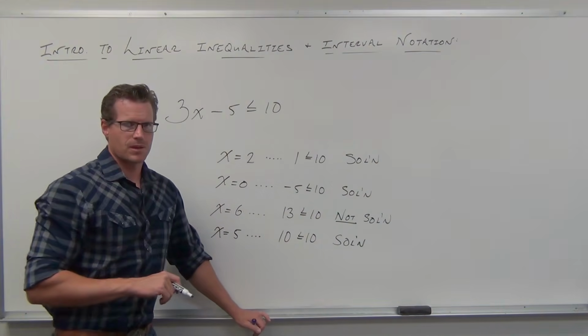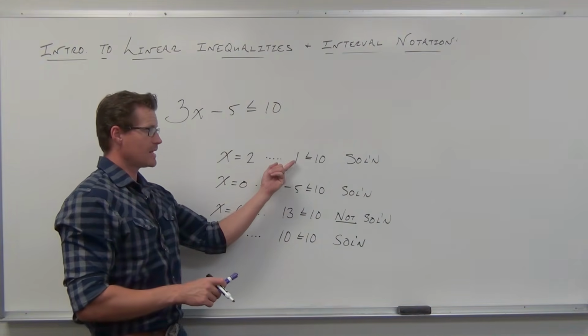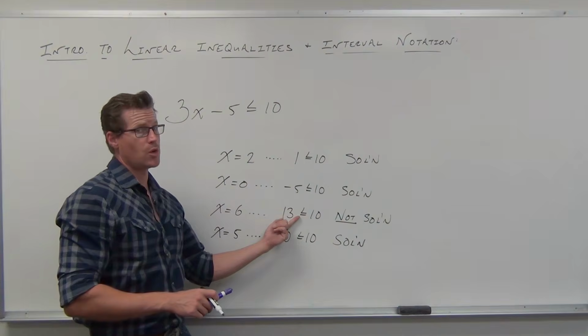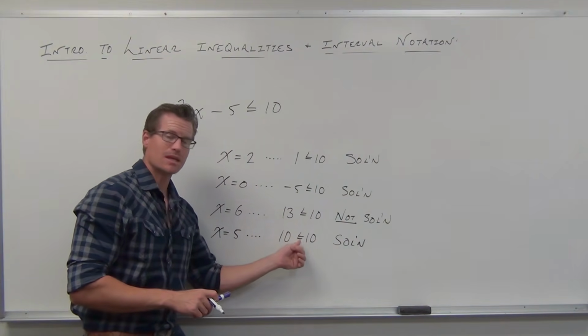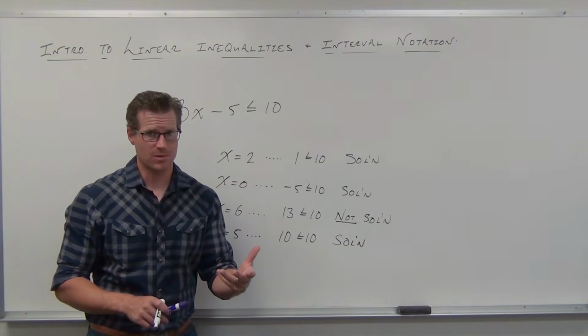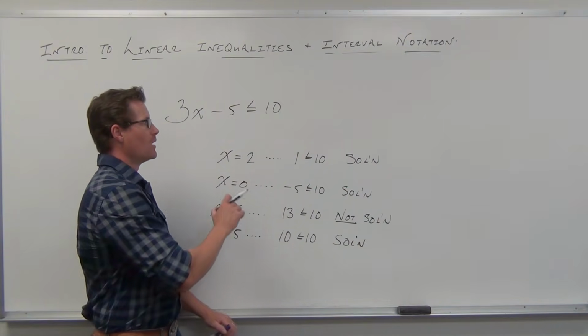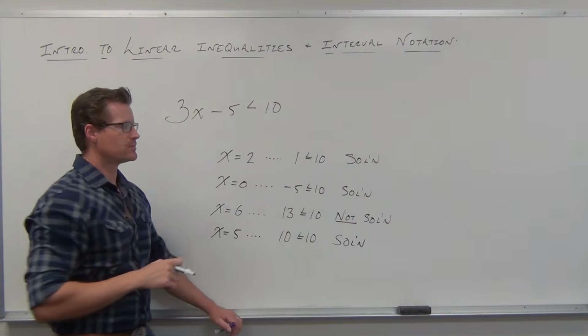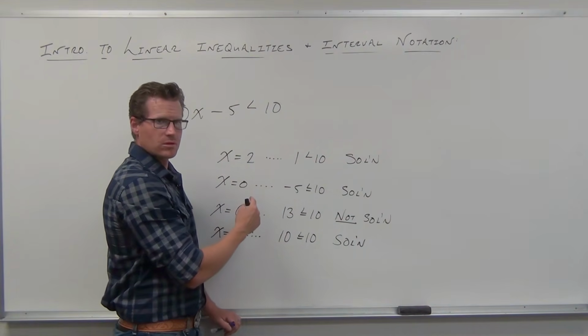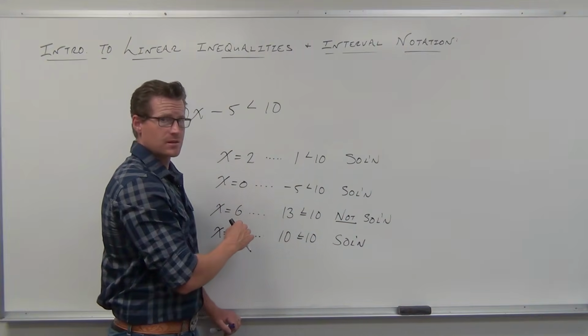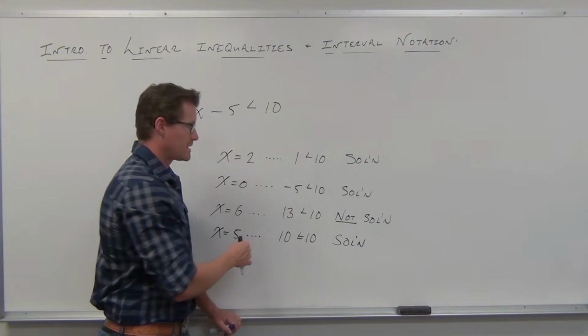Now think about this. What if I go back? Less than, yes, less than, yes, less than, no, less than, no, but equal to, yes. That's what that equal sign says is okay to be part of the solution set. Now let's go back. What if I change that? If I change that, is this still a solution? Sure, yeah, it's less than 10. This, yeah, sure, it's less than 10. This, it's still not a solution.